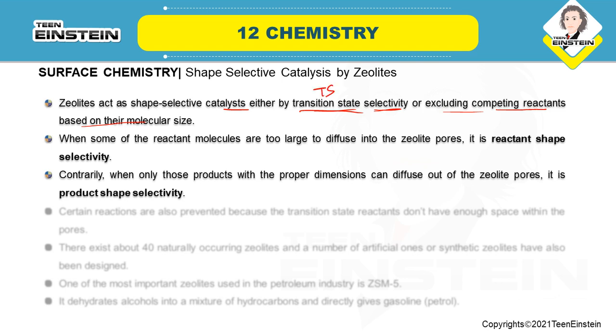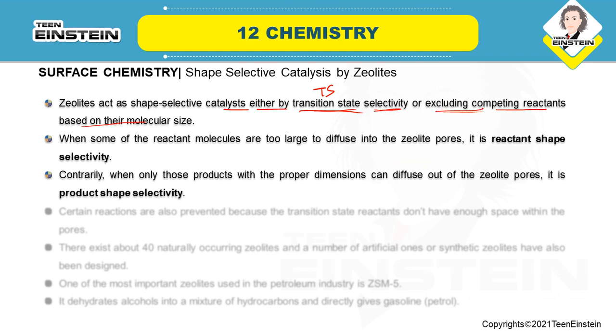In the transition state, the starting materials, it may be 2 or 3 starting materials together, make some particular volume. Now if it matches with the pore size, then this transition state will be allowed. So the catalysis will take place depending on transition state selectivity.